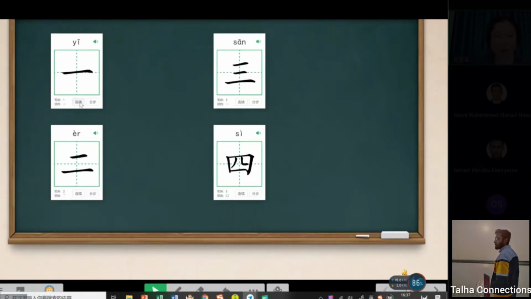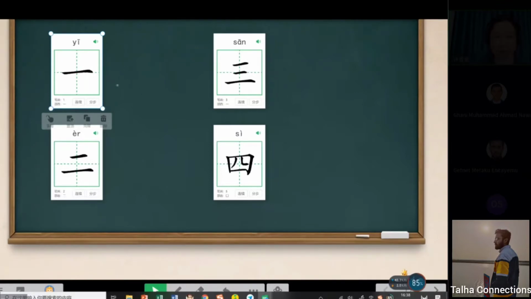Just one stroke. Now take a look. From left to right. From left to right. Almost horizontal. Almost horizontal. Again.